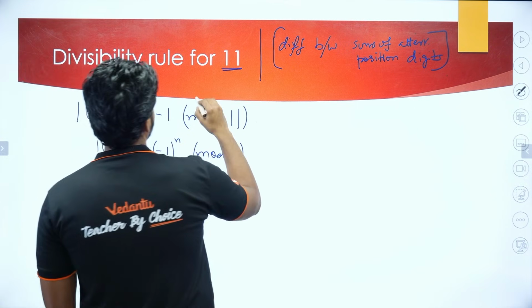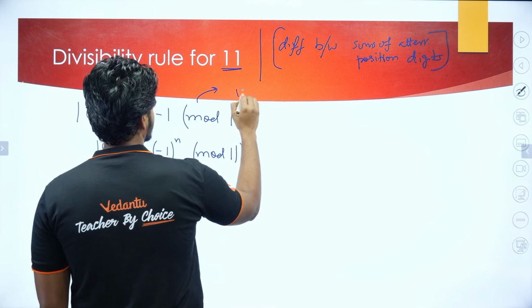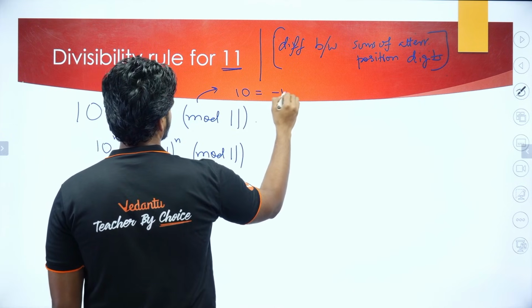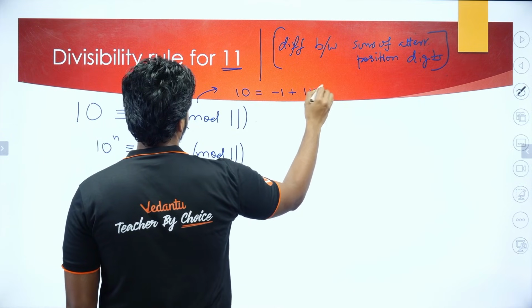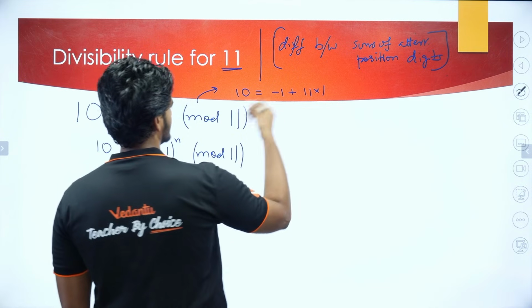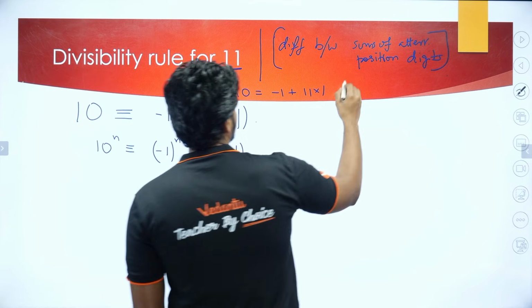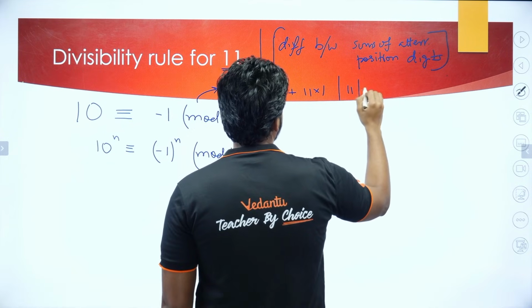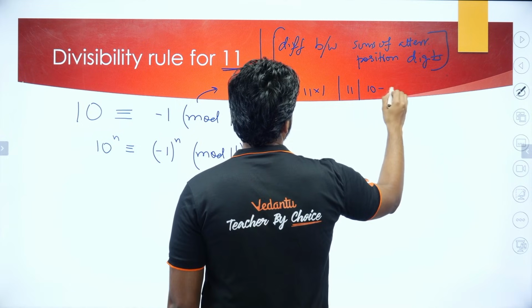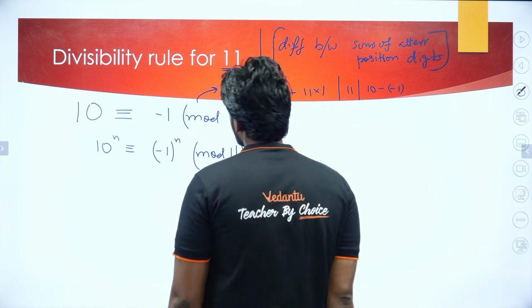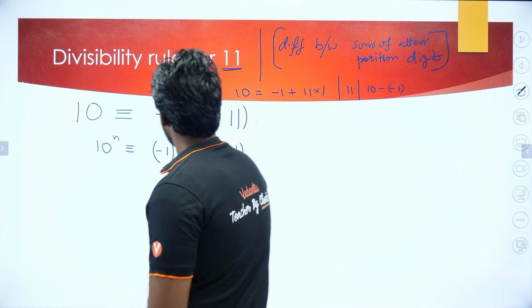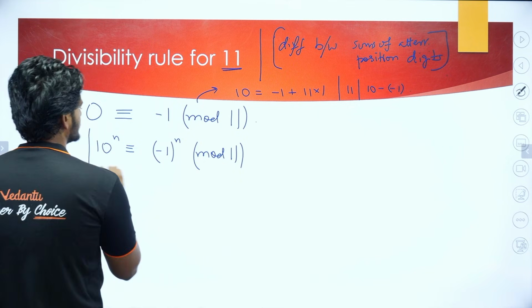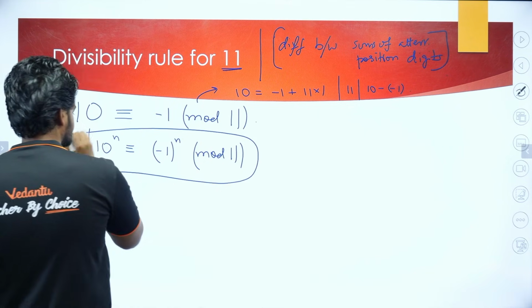If you are wondering why, let me just write 10 is equal to -1 plus 11. The basic difference. Or you can also write 11 divides 10 minus (-1). That is also possible. So this is true all the time.